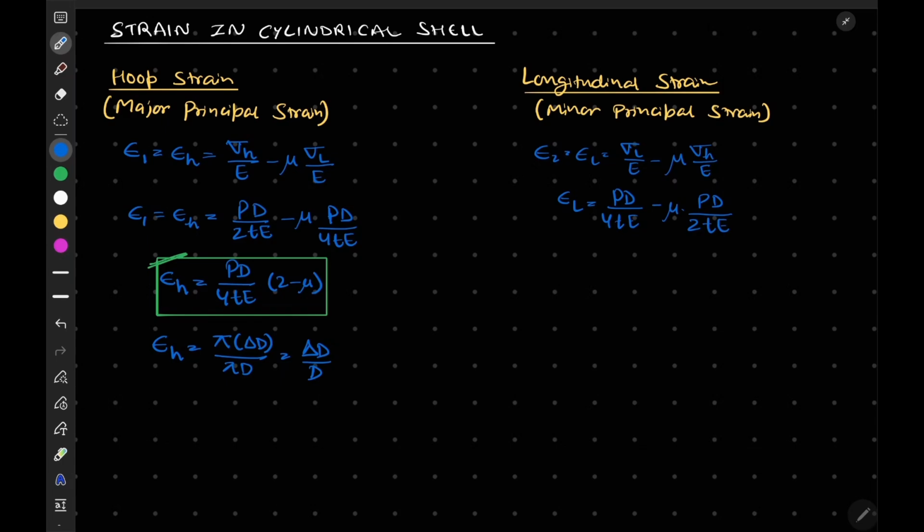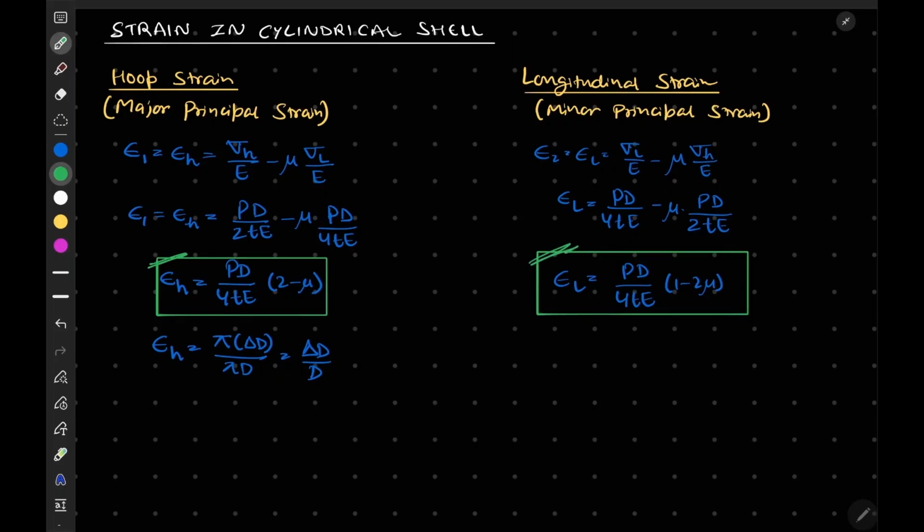So from here I will get epsilon L is equal to PD by 4TE times (1 minus 2 mu). So this is your longitudinal strain value.